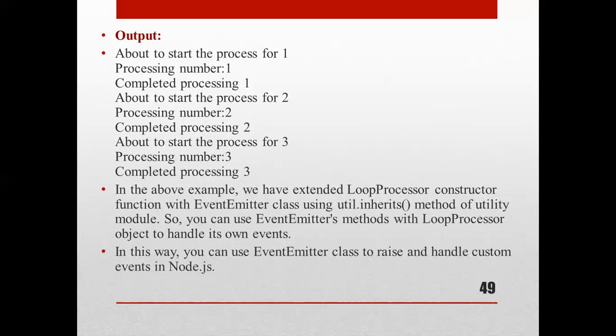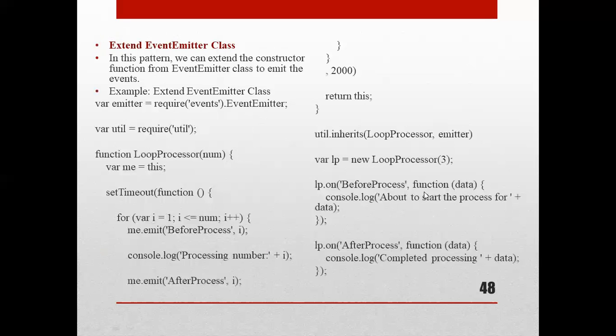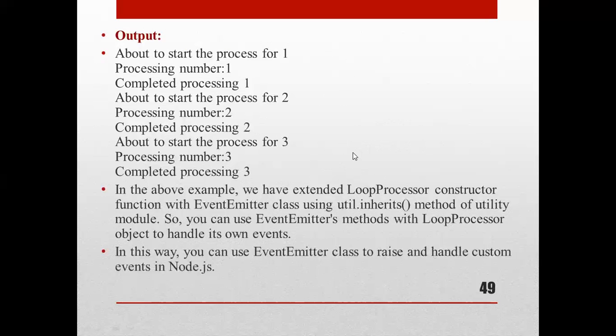Here you can see we have extended the loopProcessor constructor function by using util.inherits. So we extend the loopProcessor constructor function with the event emitter class using the inherits method of the utility module. So we can use the event emitter's methods with the loopProcessor object to handle its own events.